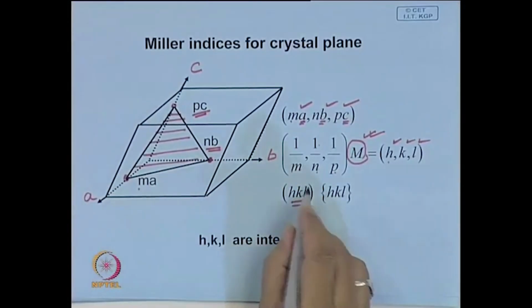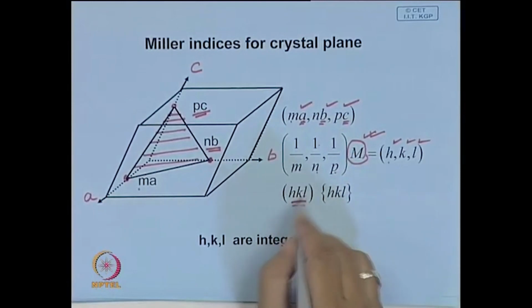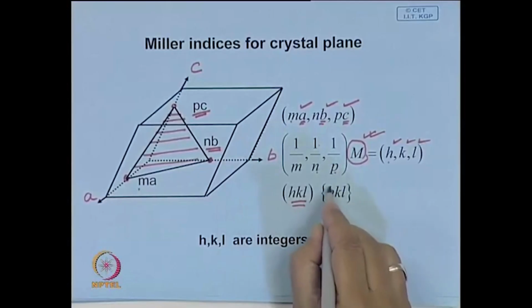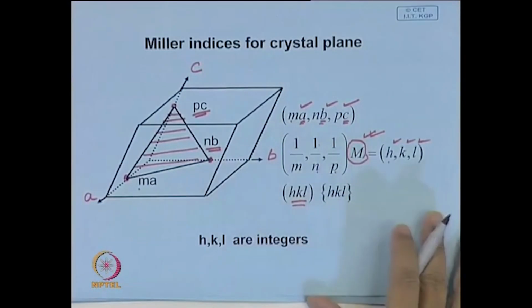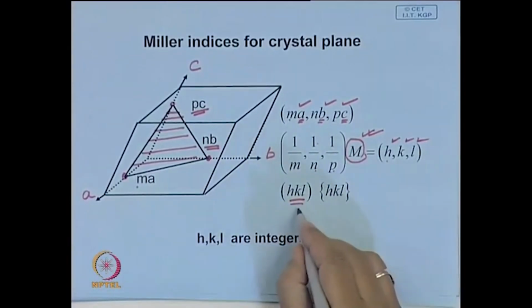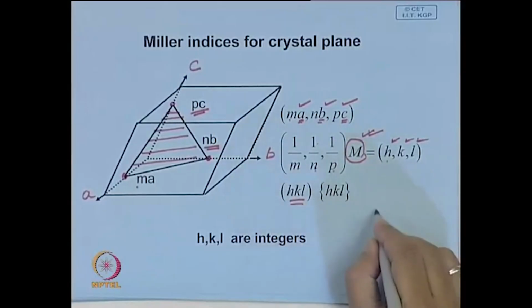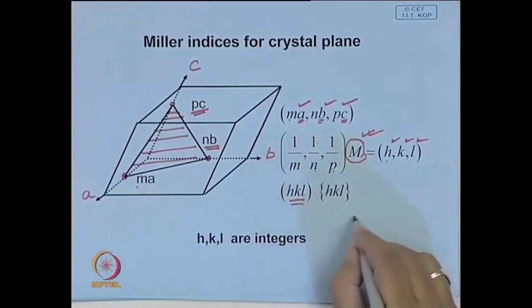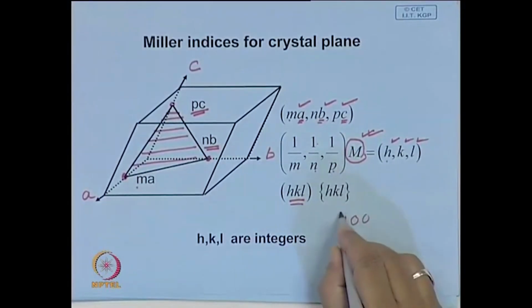And in a crystal, you may have a set of similar planes. When you have a set of similar planes, you represent it as {h k l}. Suppose in a cubic structure, what do you mean by similar planes? Say, in a cube structure, you look at a cube plane which you will represent as 1 0 0.